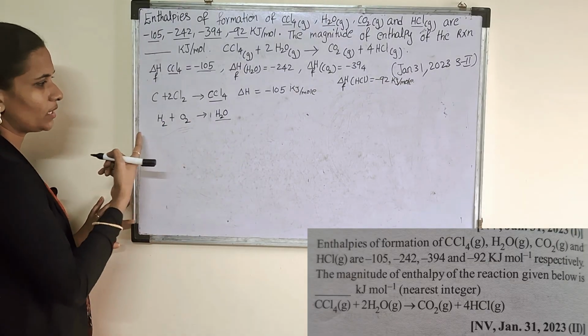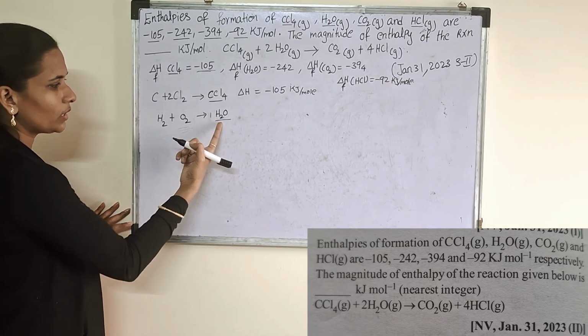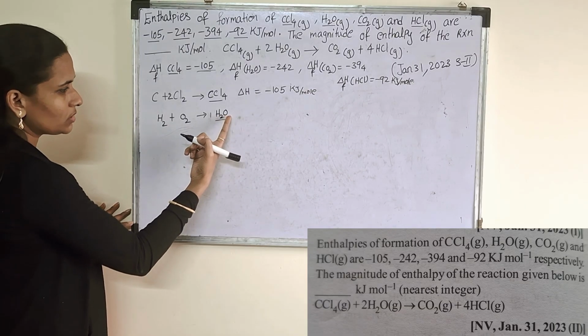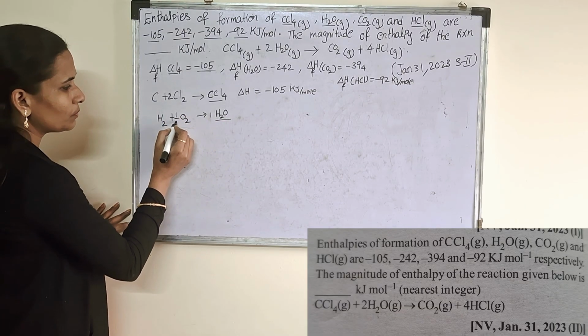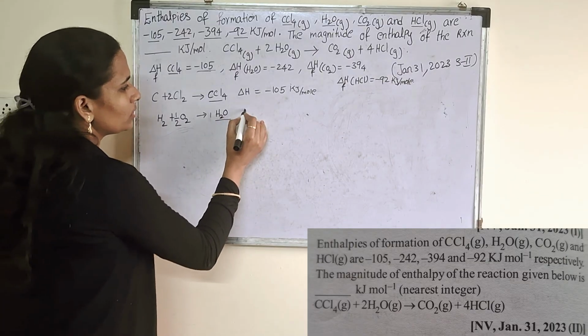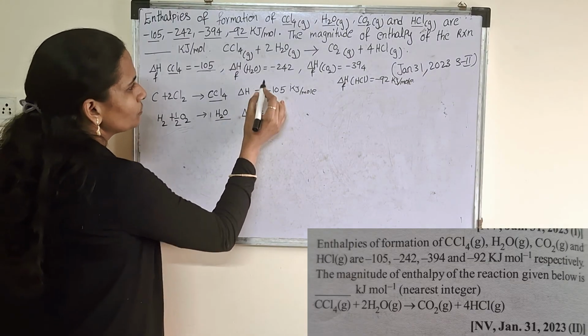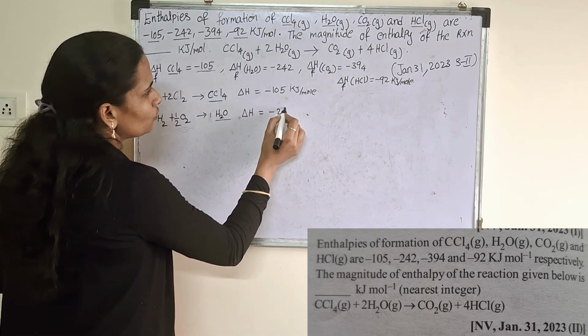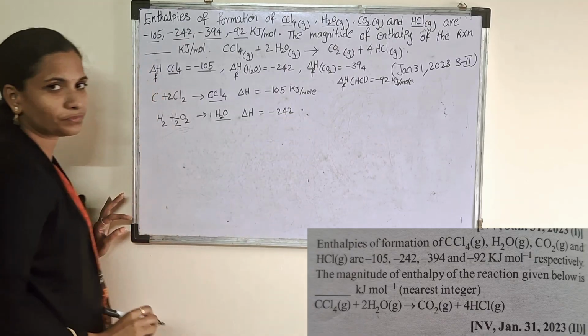Then we have to balance this equation: 2 hydrogens, and here only 1 oxygen is there, so we have to give half O2. H2 plus half O2 gives rise to H2O. That is delta H equal to minus 242 kilojoule per mole, as given.